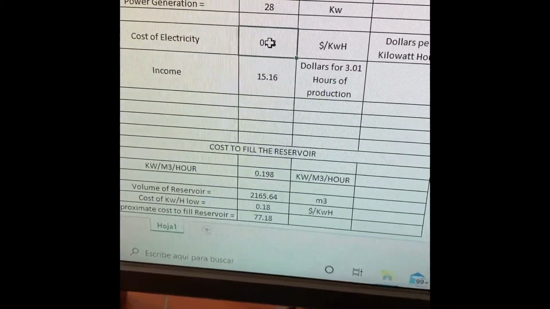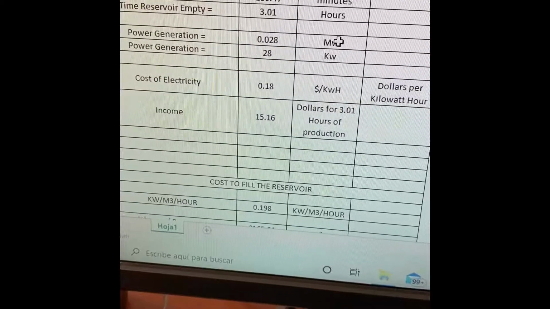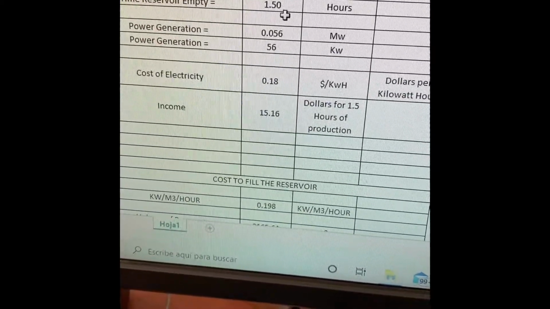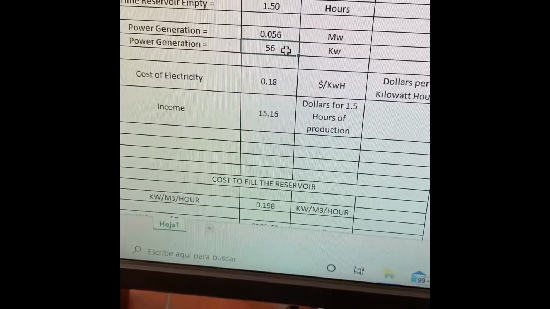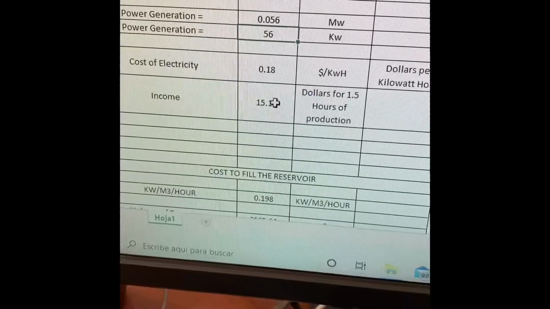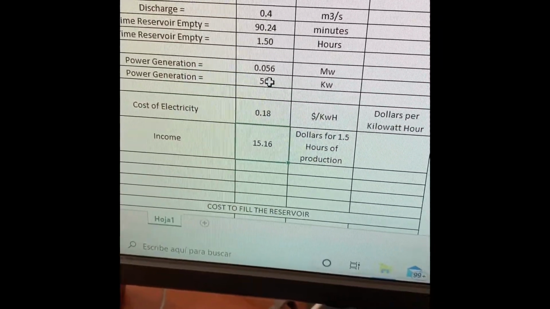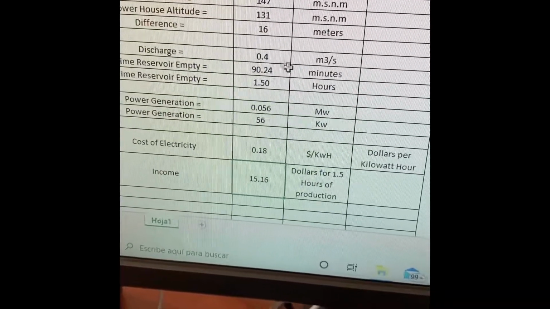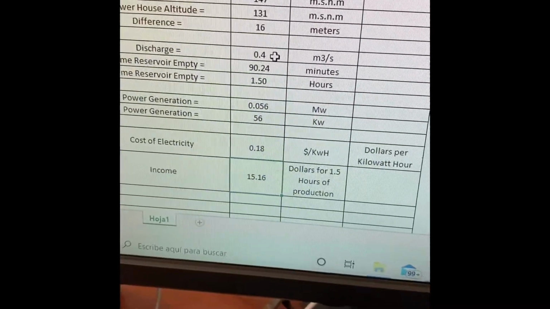Of course, if we put more discharge, 0.4, that means that we will be making more power. But it doesn't matter, because the gross energy will be the same. Now we won't have 3 hours, we will have 1.5 hours, less time that we can produce energy.